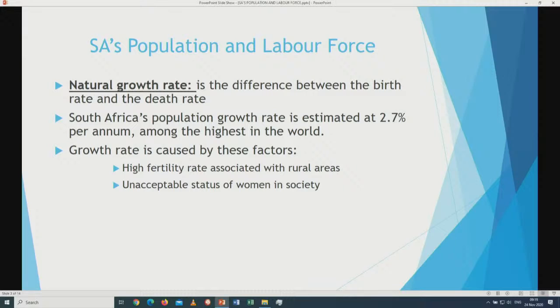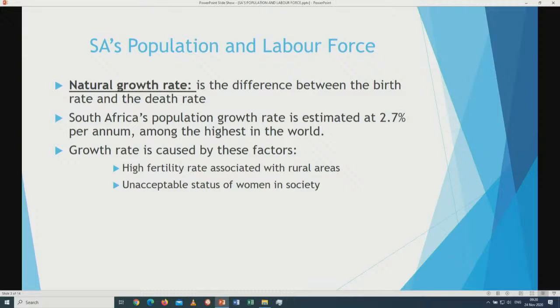They have not accepted that women can do the same jobs that men are doing. They have not accepted that women can be career women. They still believe that women need to be housewives. They need to nurture and raise children at home. They don't have to have a profession. They don't have to work.